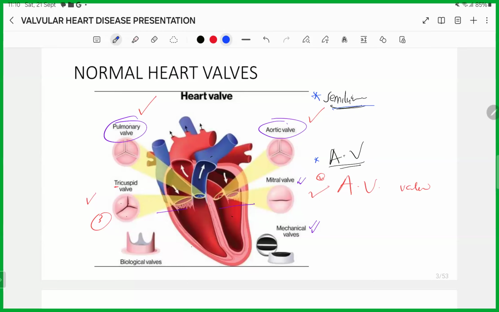For the aorta, it's from the left ventricle. And you can see how they look. They usually have this Mercedes-Benz logo appearance, as you can see there. And then the atrioventricular valves, you have bicuspid on the left and tricuspid on the right. Bicuspid is also known as the mitral valve, which you can see over here.